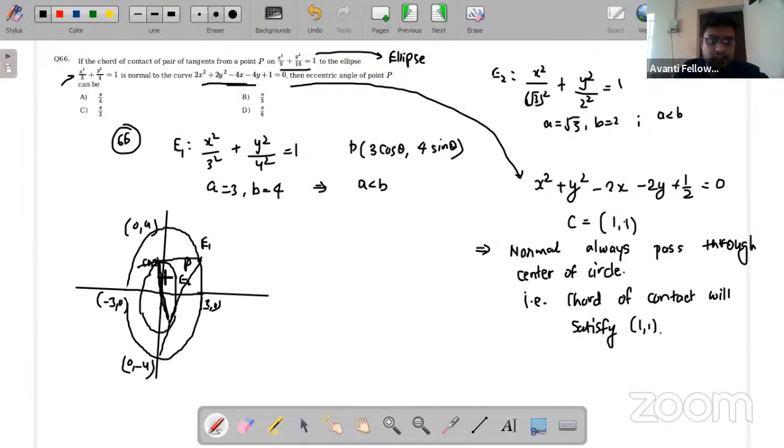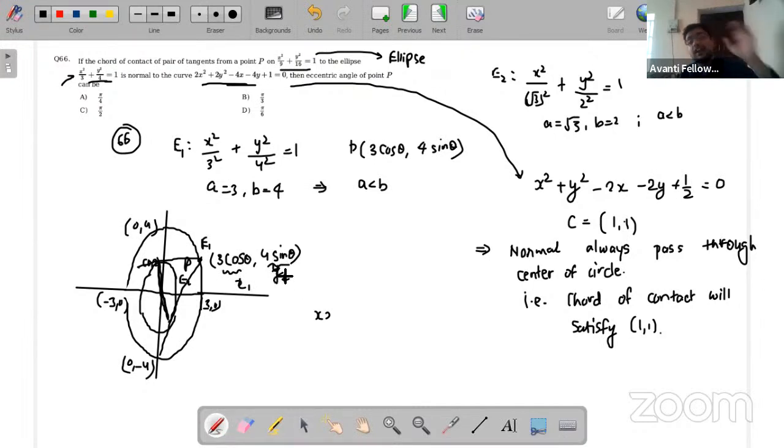So basically we have to find chord of contact. We know how to find chord of contact if this point is 3 cos theta comma 4 sin theta. Equation of E2 is also given. E2 is x square by 3 plus y square by 4, right?